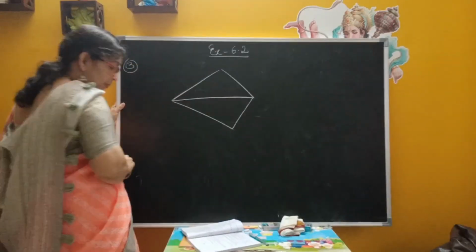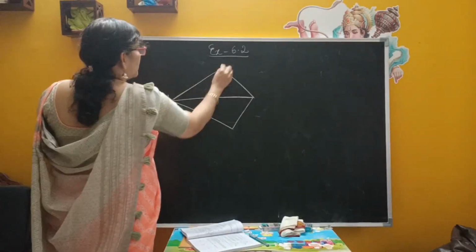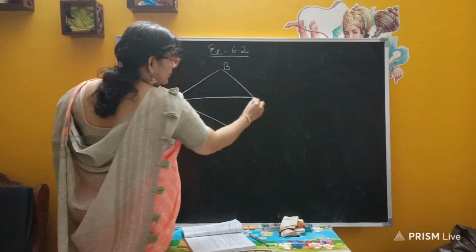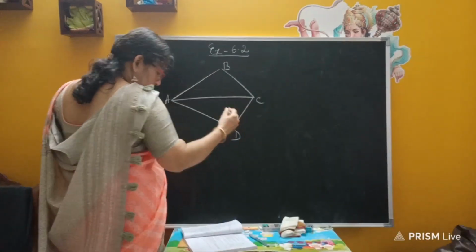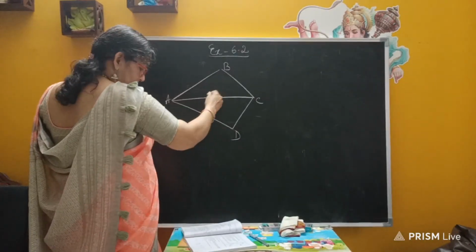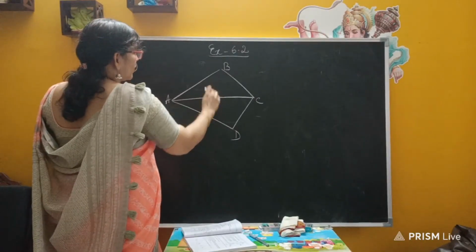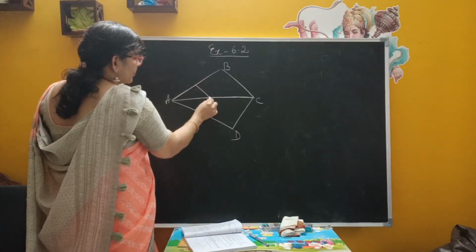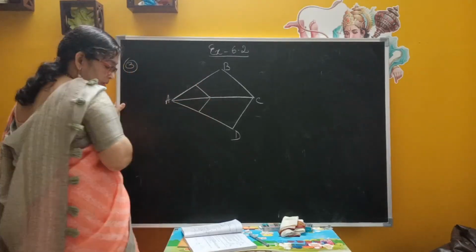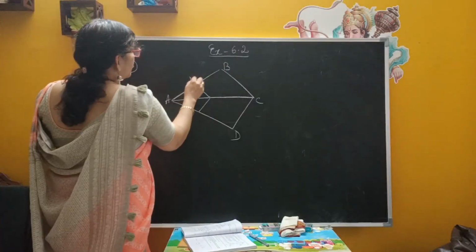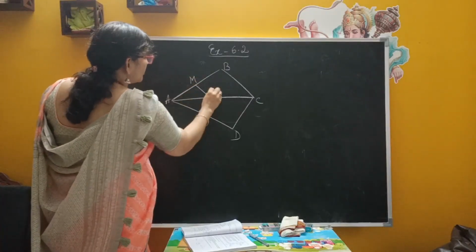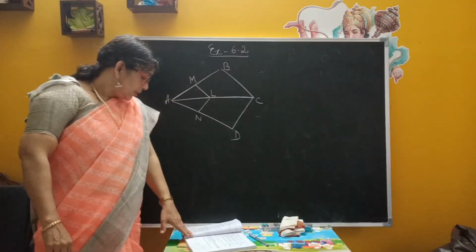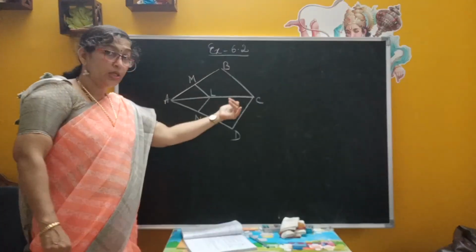We have this figure with A, B, C, D, and here there is a point L. And these two points are M and N.